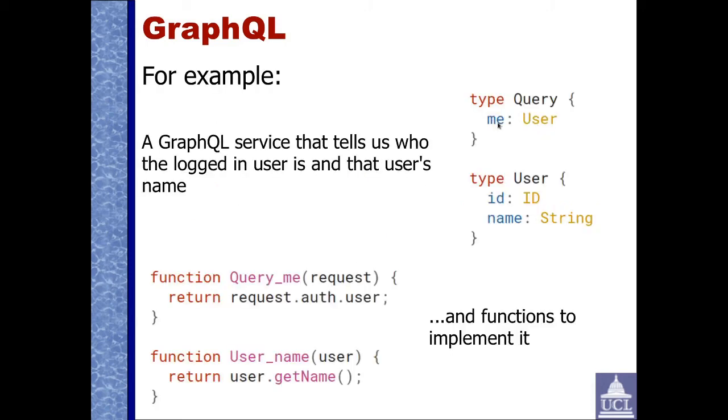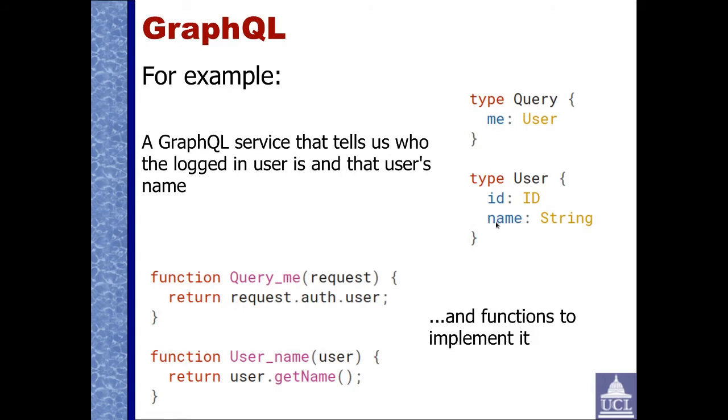So that would be the name associated with me. Now, that actually involves going through some nesting, because me is actually an object called user, and so it would jump from this me to the user object, and then it would return the name from the user object.